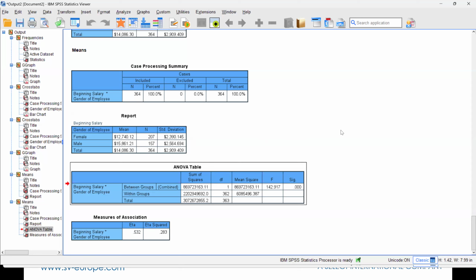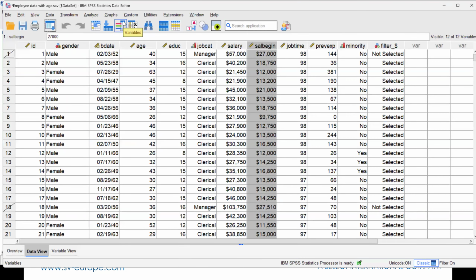It's saying that it's definitely less than 1 in 1 million that you'd get a difference that big with sample sizes of this size and standard deviations this big between males and females. So at this point you might be thinking it's a bit of a slam dunk that the men are definitely paid more than the women on average, and that therefore there's bias, there's discrimination going on within the organization.